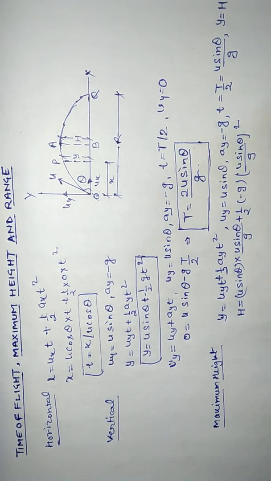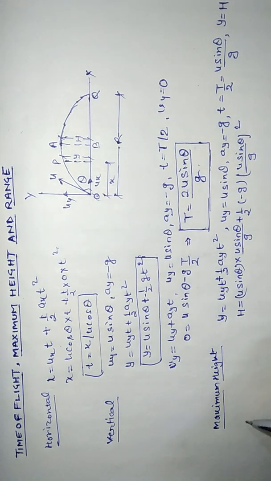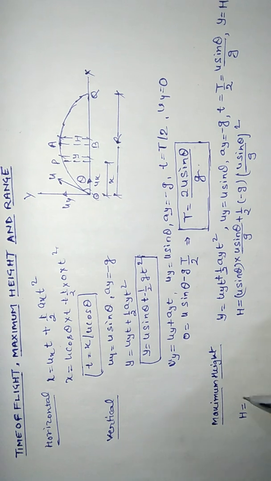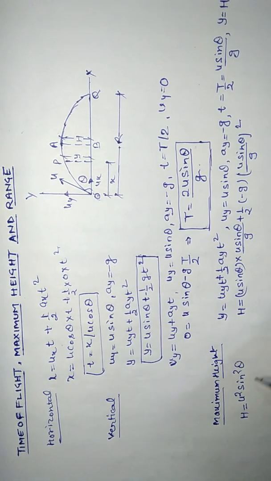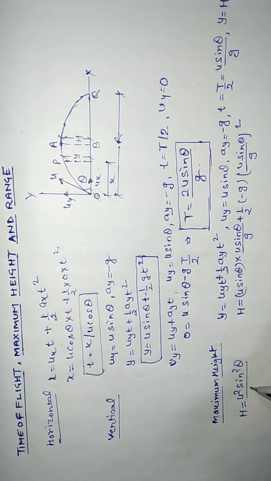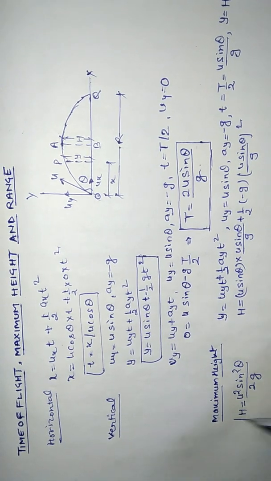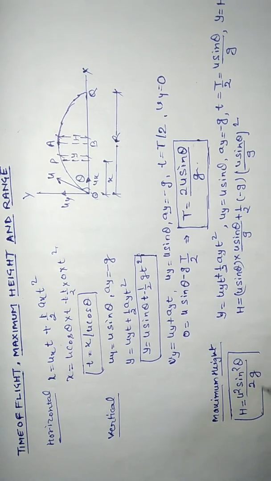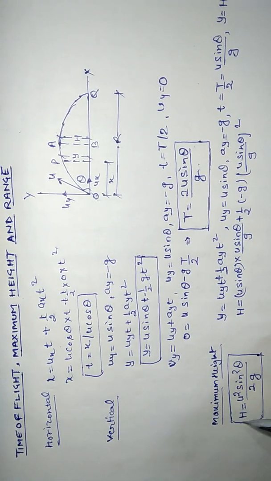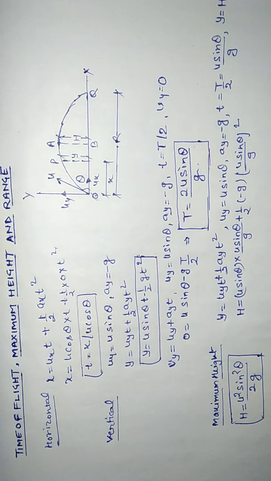On solving it, we will get h is equal to u square sin square theta upon 2g. This is the formula for maximum height attained by a projectile when fired at a certain angle.